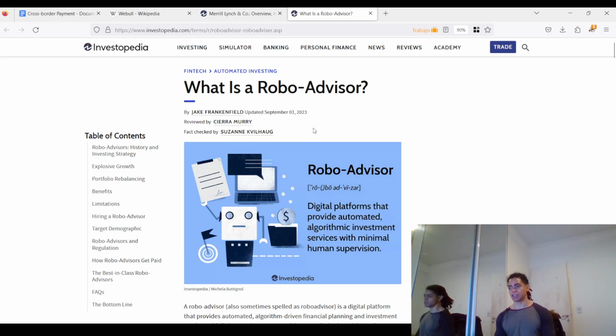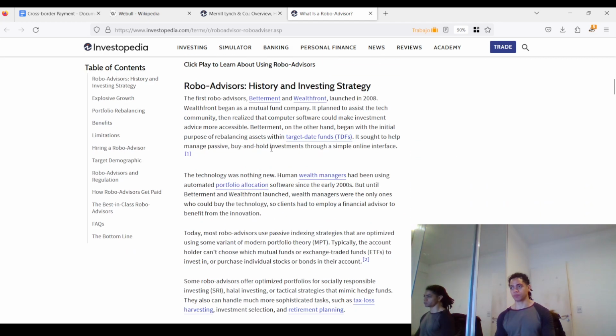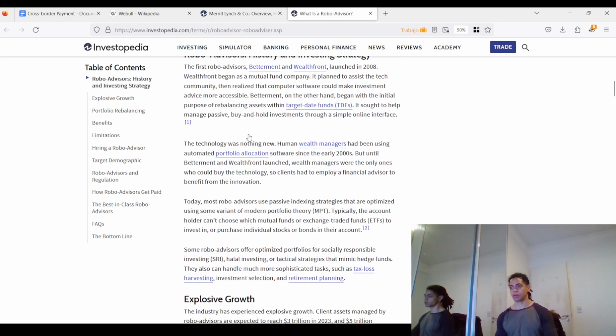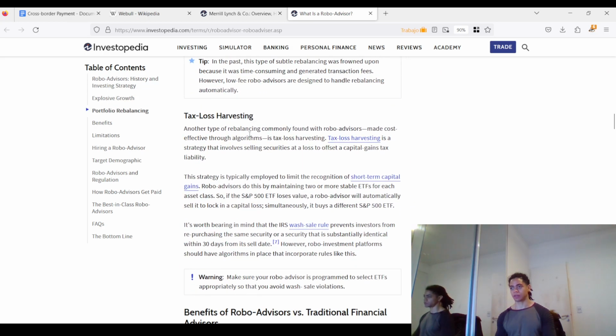Robo-advisors: digital platforms that provide automated algorithmic investment service with minimal human supervision.